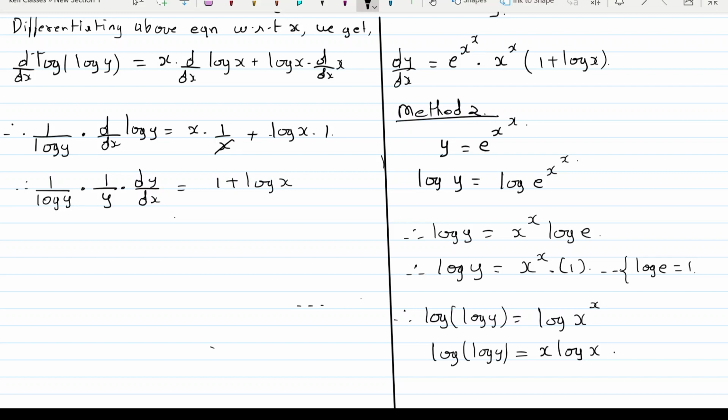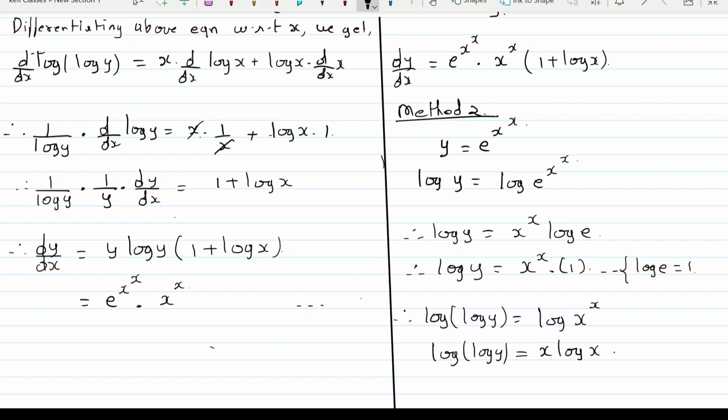This x and x has cancelled. Shift everything to the right hand side. So therefore dy by dx is equal to y log y into 1 plus log x. What is y? It's e raised to x. What is log y? It's x raised to x, correct?